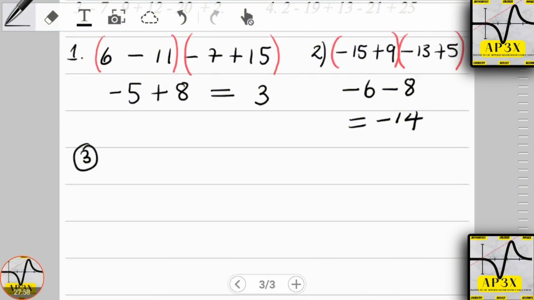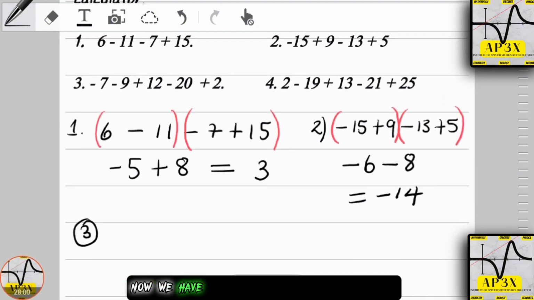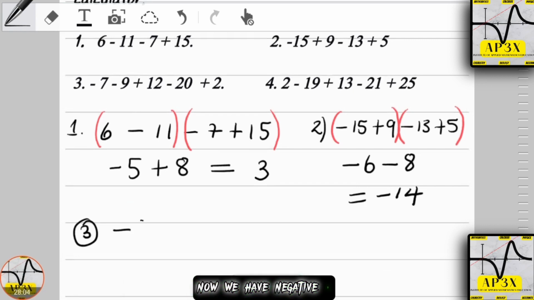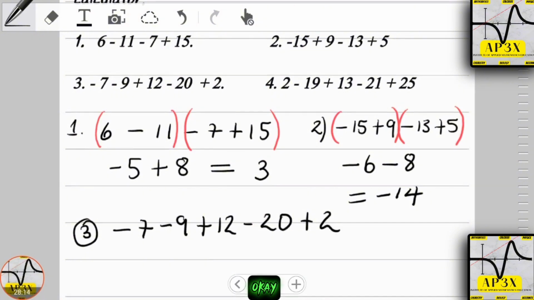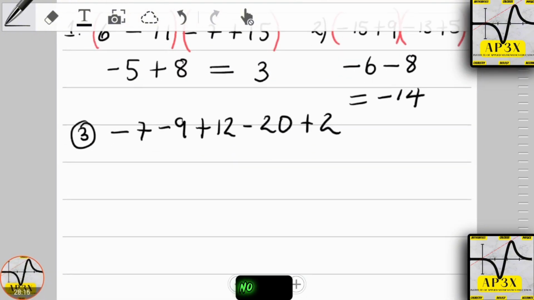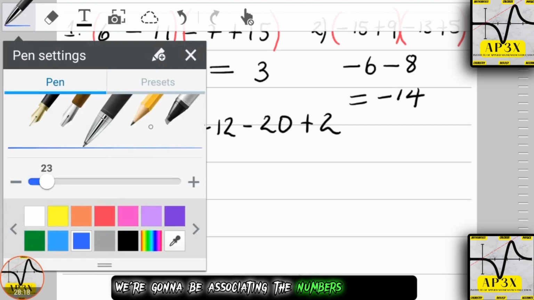Alright, here we go. So now we have an additional digit attached here. Now we have negative 7, take away 9, plus 12, minus 20, plus 2. Okay, now again we're going to be associating the numbers into groups.